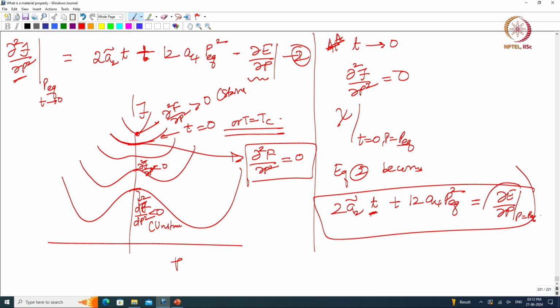So, now the quantity dou P by dou E is my susceptibility, right. So, at a given electric field or at a given polarization, dou E by dou P hence should be the inverse of susceptibility.